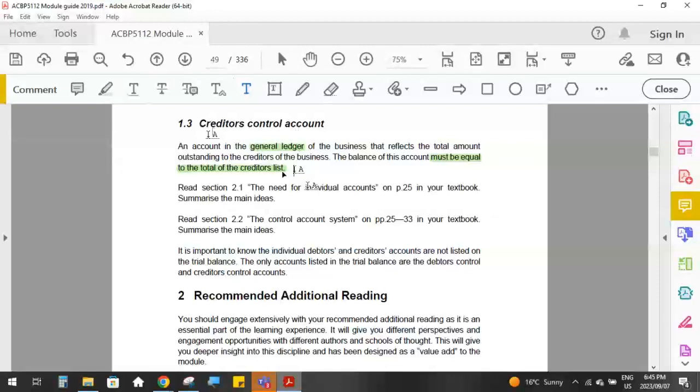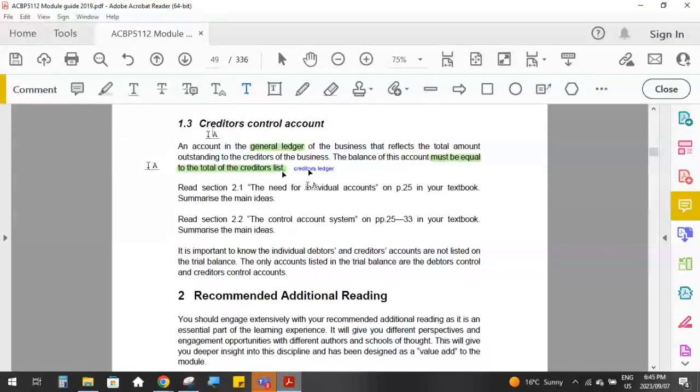And that creditors list will come from what we call the creditors ledger, which is that little sub ledger that sits on the side of the business, recording all of our transactions with each individual creditor.